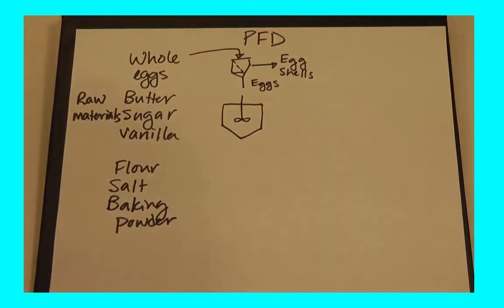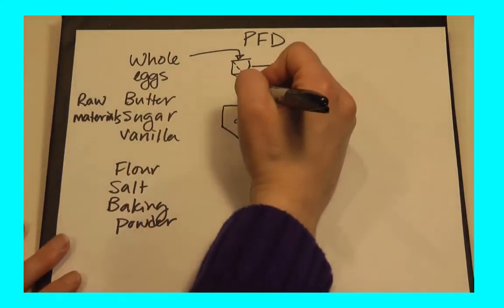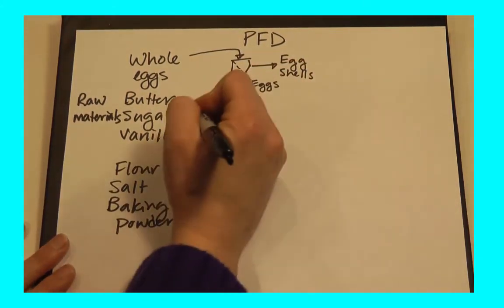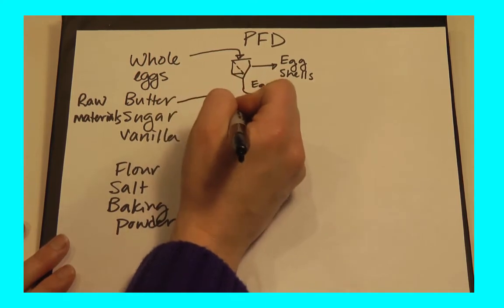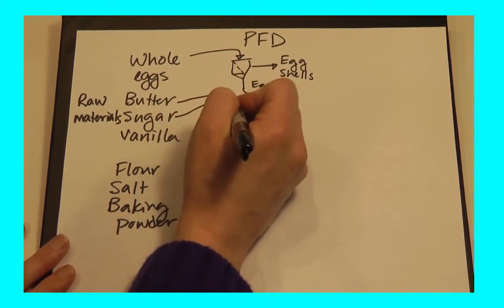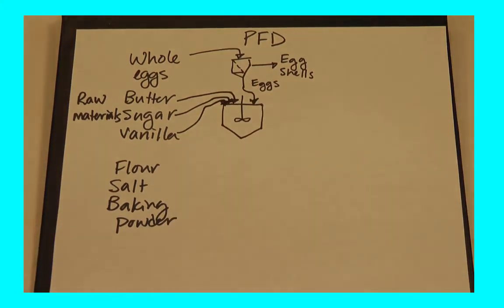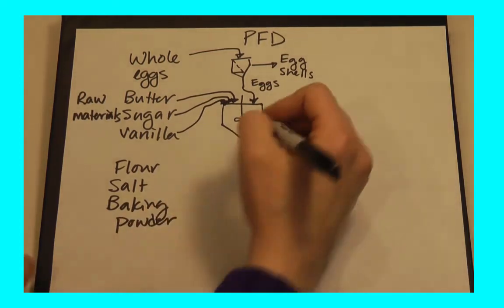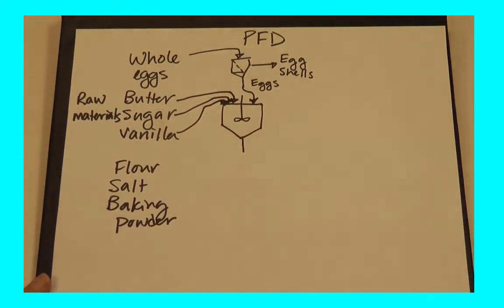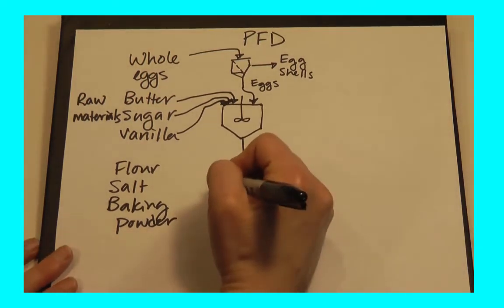And I'll show a little paddle that shows that's a mixer. So I'll put my eggs in there, and the butter's going to go in there, and the sugar, and the vanilla. So one way to tell that something's a mixer is there are multiple things coming in and only one stream coming out.